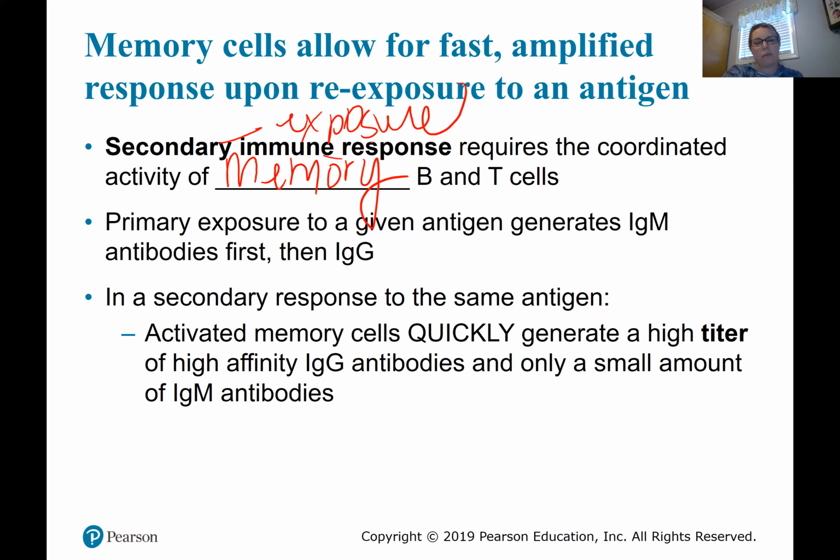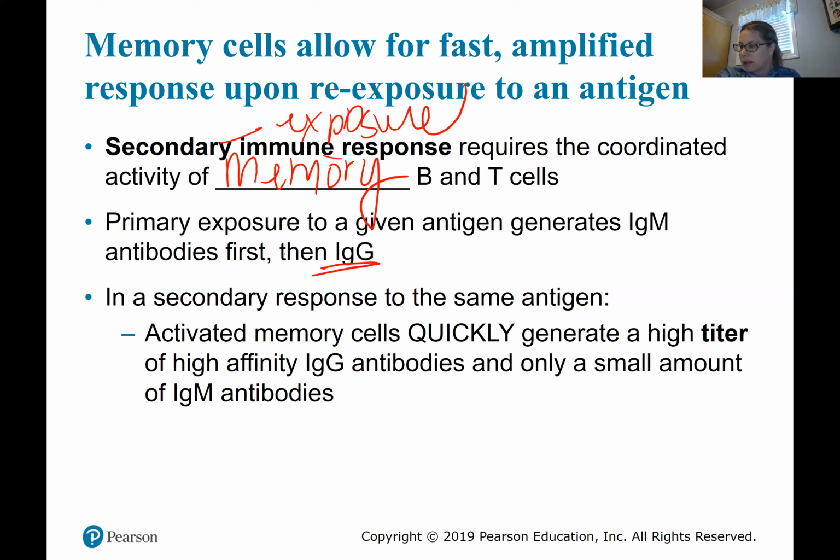And in the primary immune response, remember IgM, they're the first responders. They're not as tough and they're not as effective. They're good. We like them. We're proud of them. We're glad we have them, but they're not quite as effective as IgG. So when you have a secondary immune response, IgG comes out a lot faster and a lot stronger than it did in the first response.